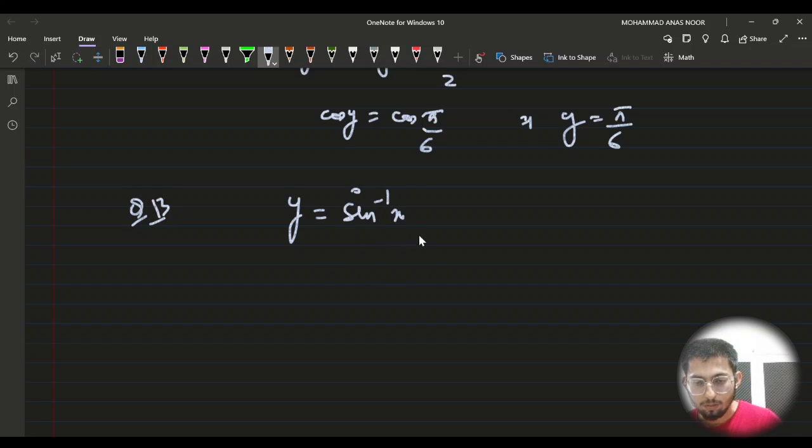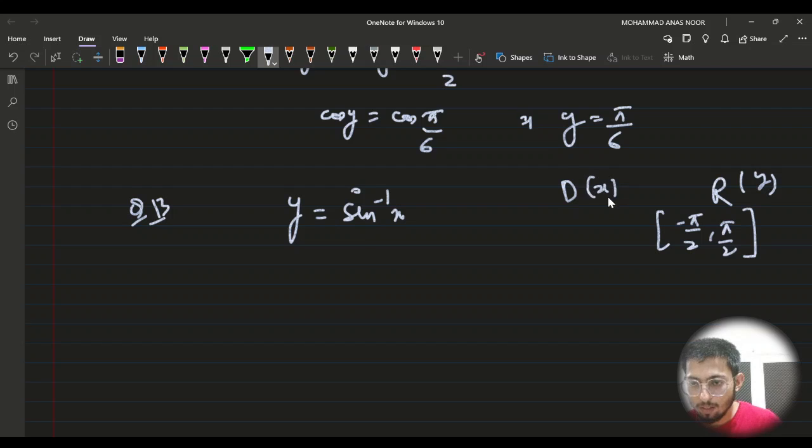What is the domain and range of sine inverse x? Domain is x. Range is minus pi by 2 to pi by 2, and that's y. So that's option D.